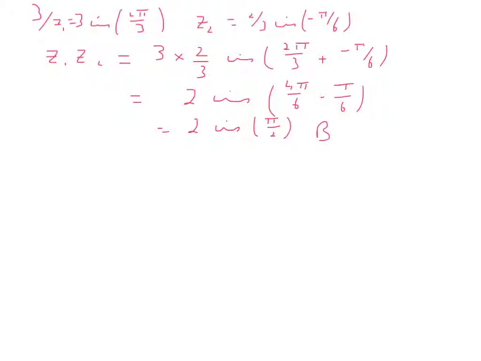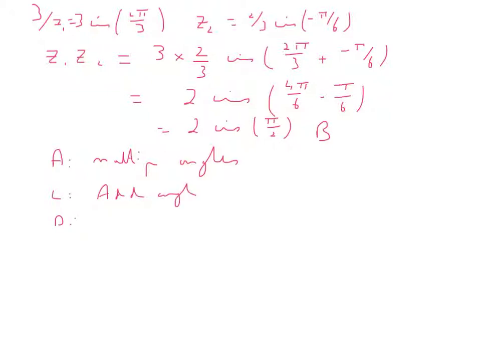Now with these, you're going to start mucking around and trying to come up with how they produced the other options. I would say that for A, it looks like they multiplied angles. For C, they added the angles, so 2 pi on 3 plus pi on 6. So C, you just say added angles.